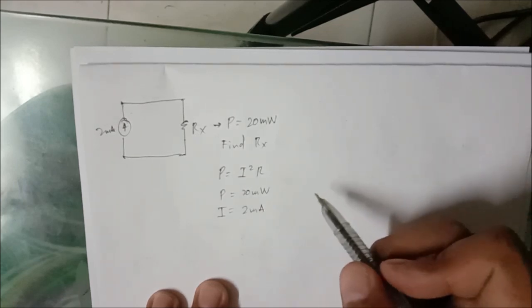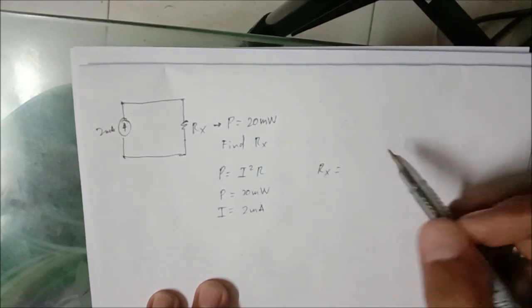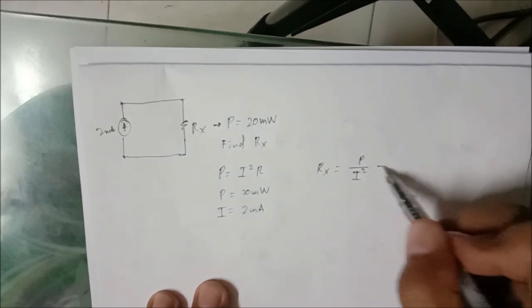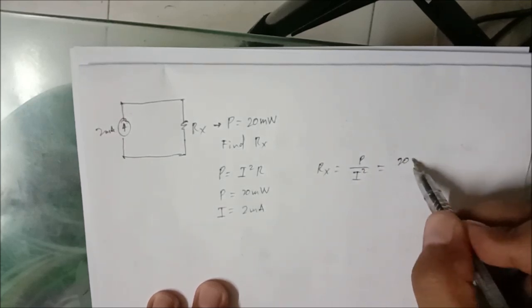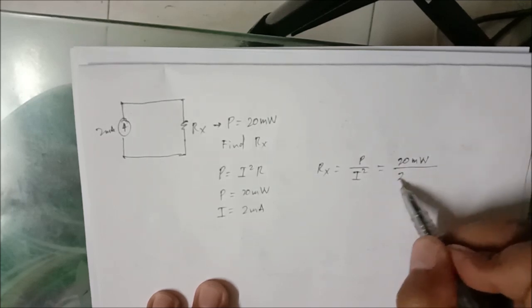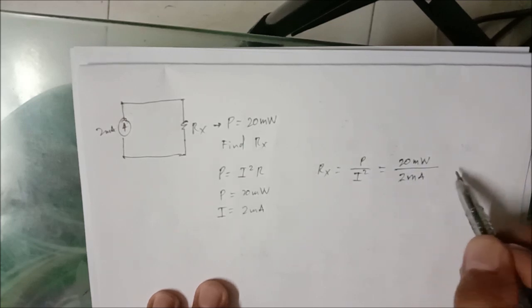So, makukuha natin si R. R sub X is equivalent to power over I squared, or 20 milliwatts over 2 milliamperes squared.